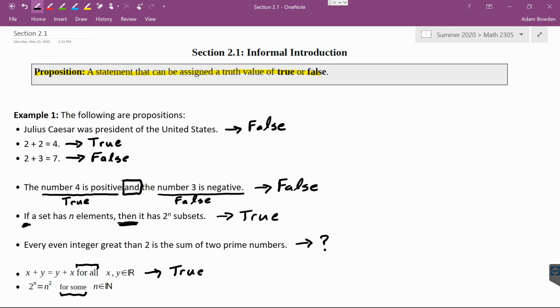You can contrast this to a proposition that says for some. If it's for some, then you don't have to verify for all. You don't have to think about everything, just at least one example that works for a smaller subset. So this one is technically true as well. Whether or not it's true for all is another type of proposition altogether. But as long as we can say it works for some, the whole proposition is true.